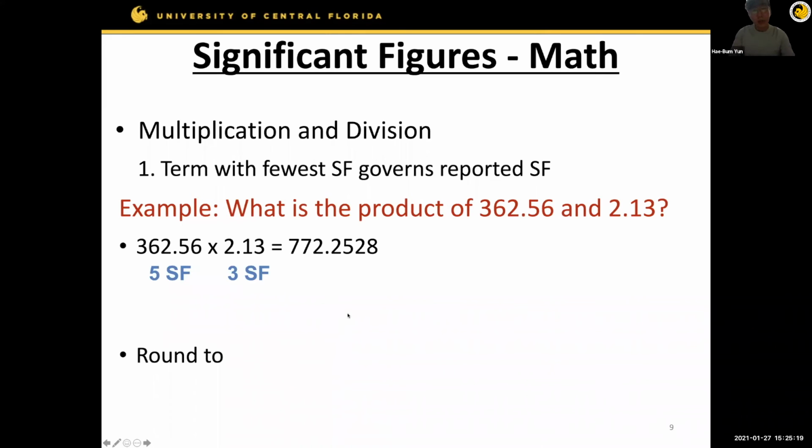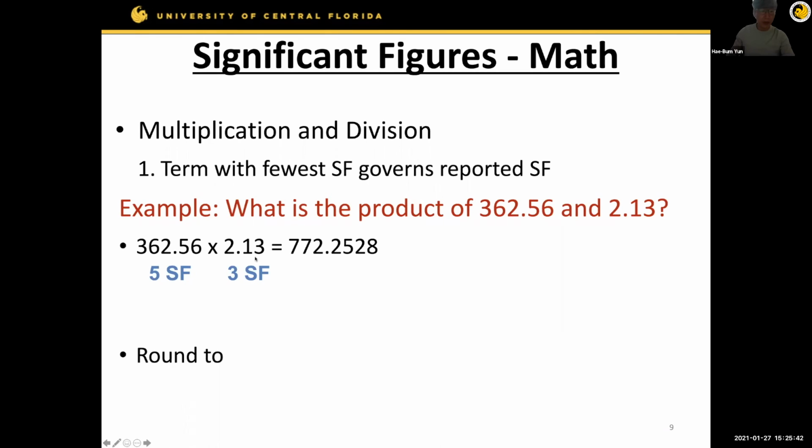When you do multiplication and division, we use a different rule. The rule is that the term with the fewest significant figures governs the reported significant figures. So what is the product of 362.56 and 2.13?